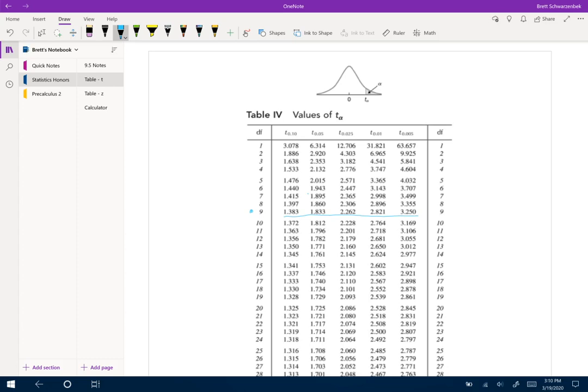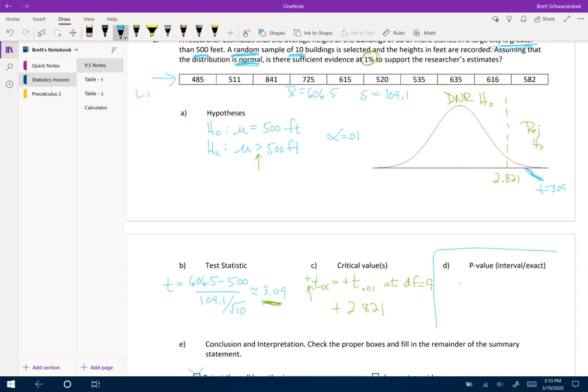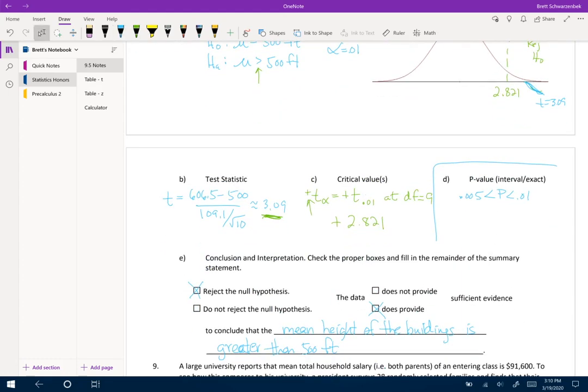It looks like it's right here, which means that our p-value must be between these two values right here. So let's rewrite that. So we have 0.005 is less than p is less than 0.01. Okay, so worth noting, any p-value in that range is going to be rejected at our 1% alpha. So we verify that we are rejecting.